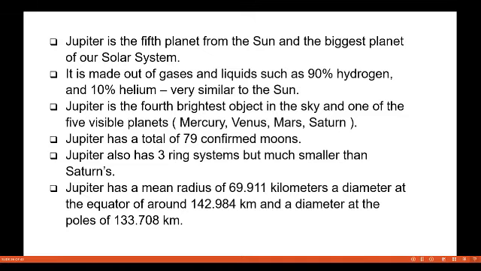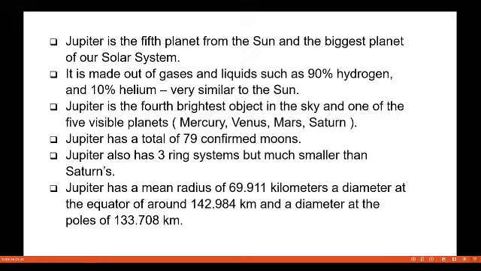Apart from Jupiter, we can also see with the naked eye Mercury, Venus, Mars, and Saturn. Jupiter has a total of 79 confirmed satellites, meaning it has 79 moons. Jupiter has three ring systems, but much smaller than Saturn's.